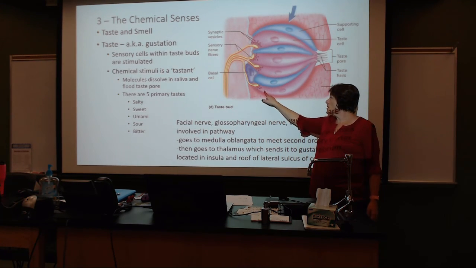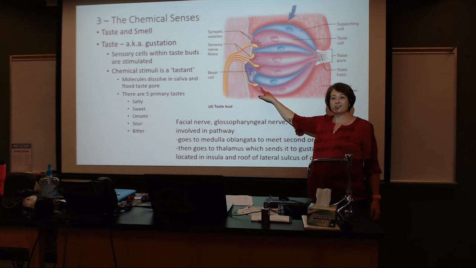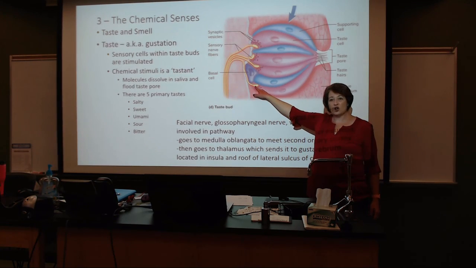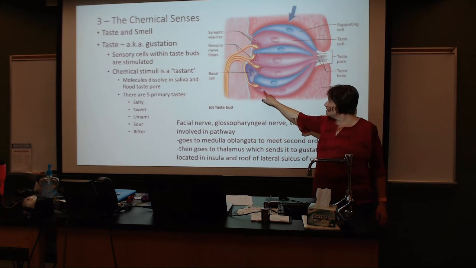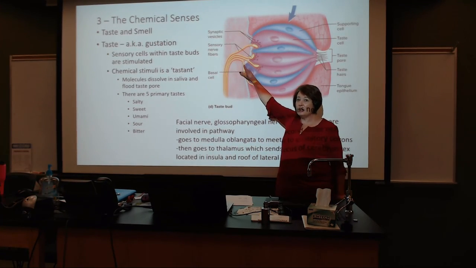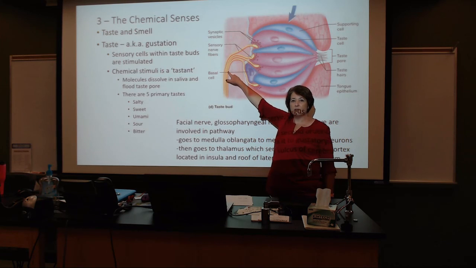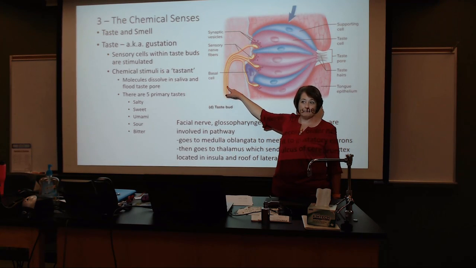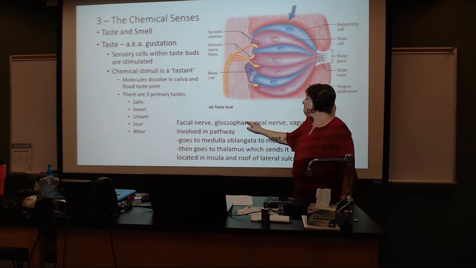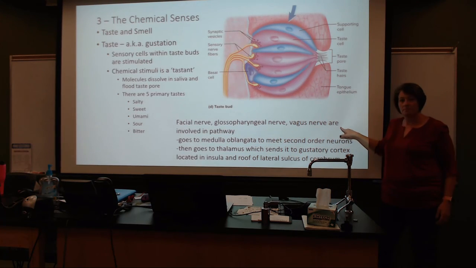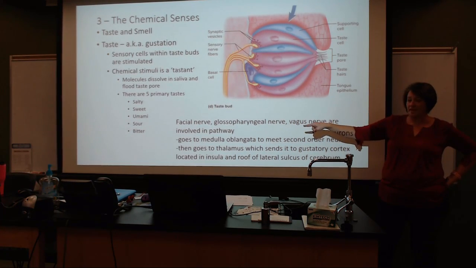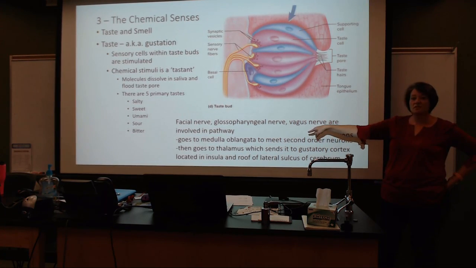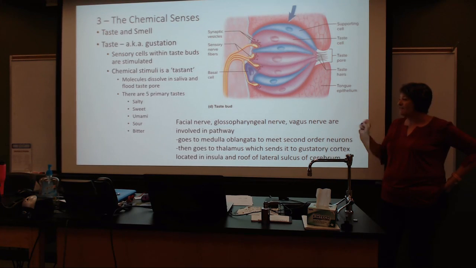So therefore, we get to have synapsing occur on the nerve. And this begins to follow a path. This would be my axon. And what's going to happen? The pathway for taste is going to follow the facial nerve, the glossopharyngeal nerve, our vagus nerve.